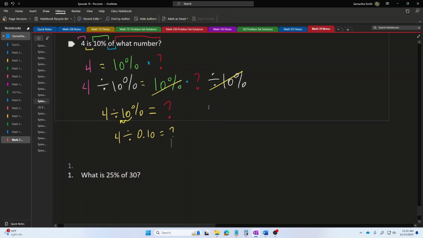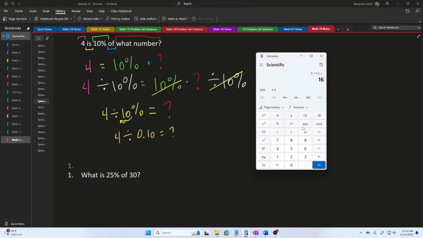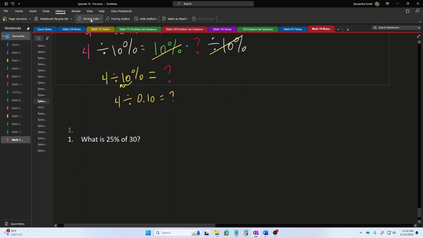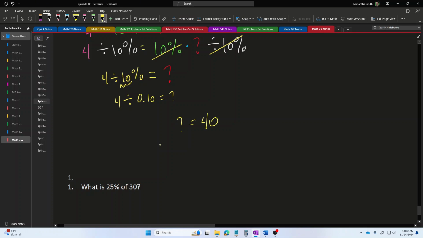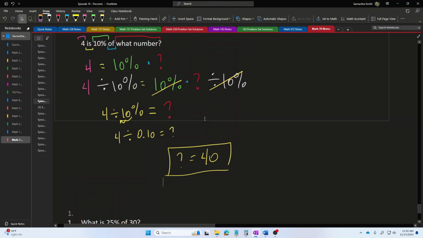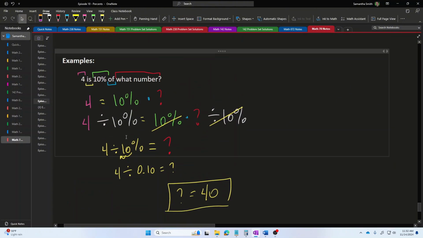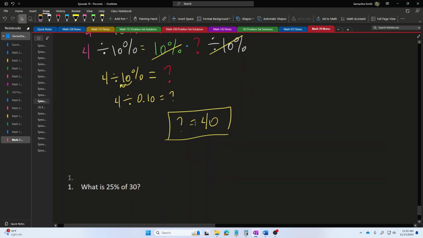And I find that the question mark is equal to 4 divided by 0.1. The question mark must be equal to 40. So in other words, what I am saying is that 4 is 10% of 40.